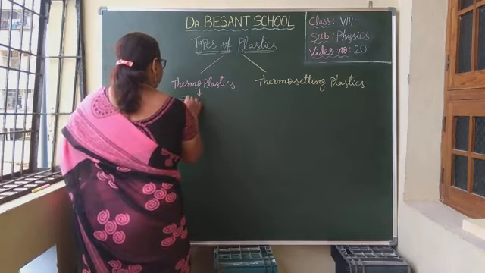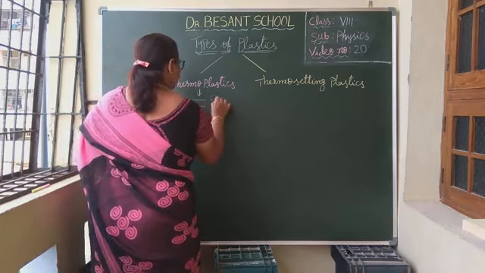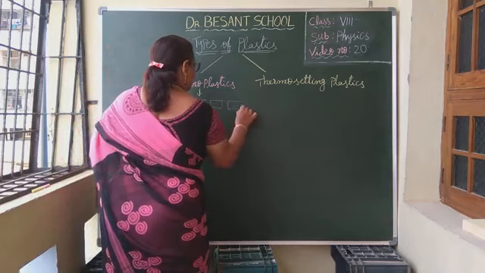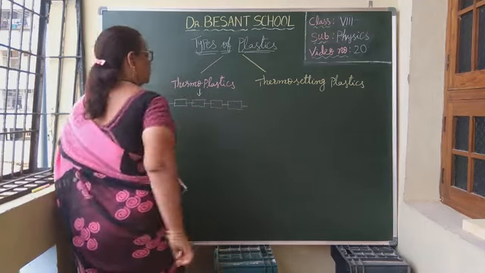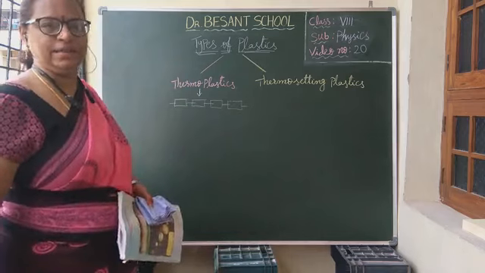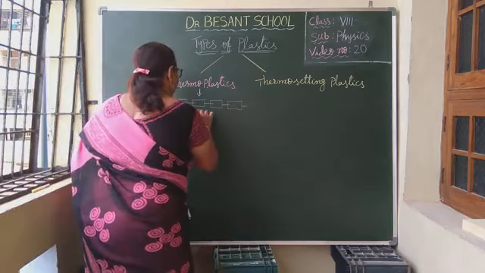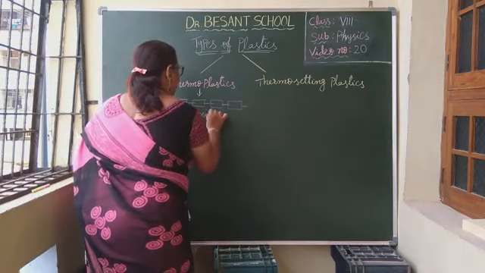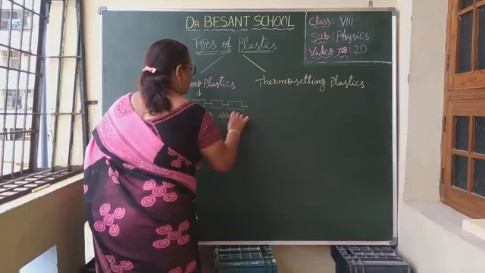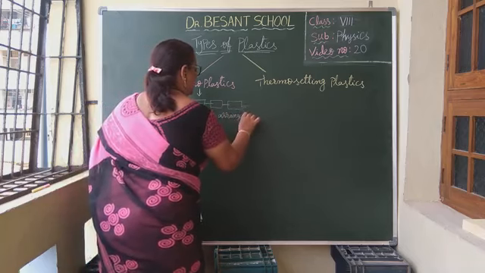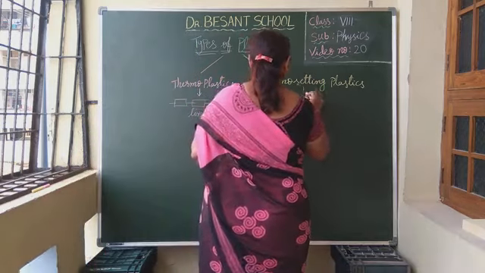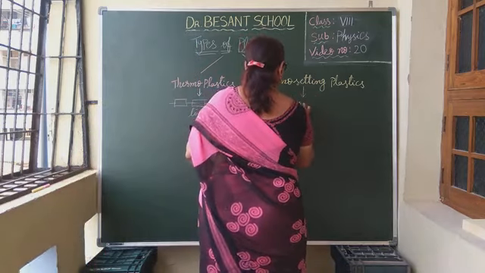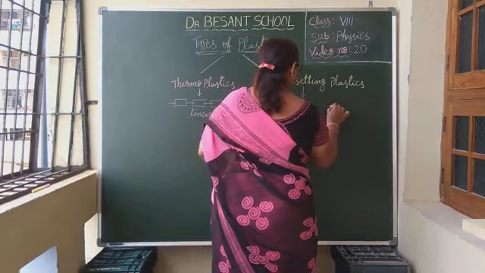See, what is that linear arrangement? You remembered? Like this, the monomers are arranged, which is a linear arrangement. Whereas in thermosetting plastics, how are the monomers arranged? Very good.